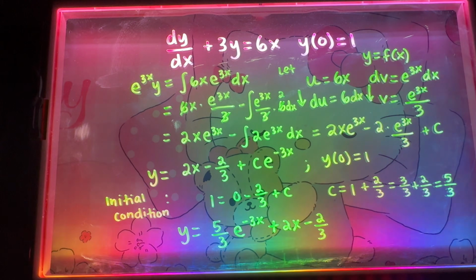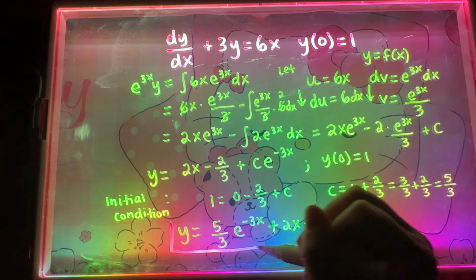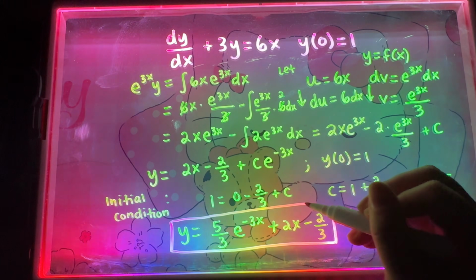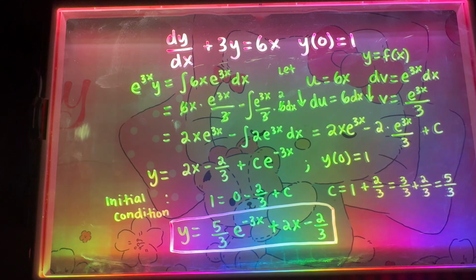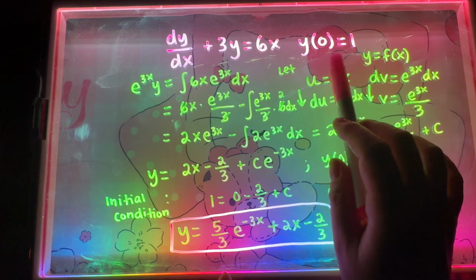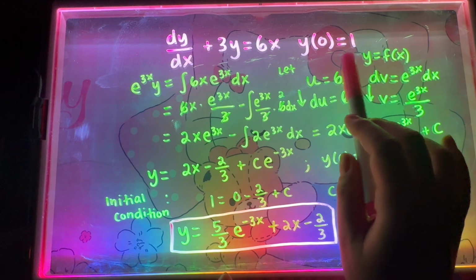And I am genuinely hoping that we didn't mess up anywhere, because I have no idea what the actual answer is. But the nice thing is that we can always come back and check. So theoretically, if we didn't mess up anywhere, this is our function of x that satisfies this initial value.